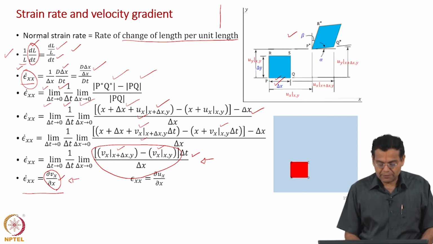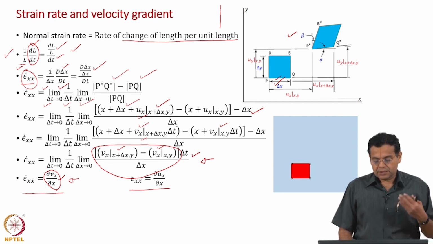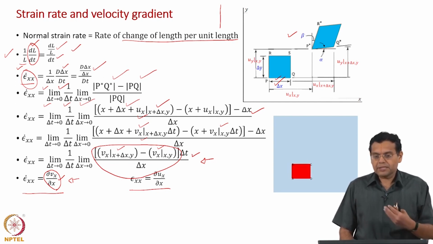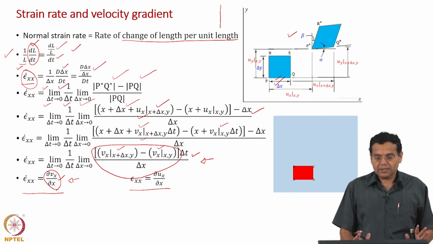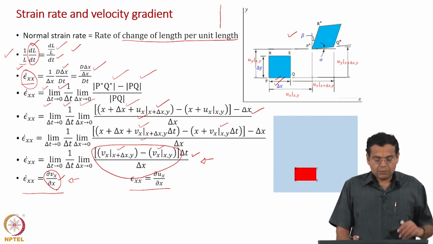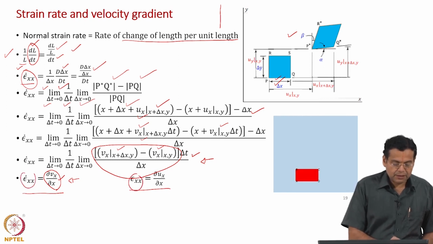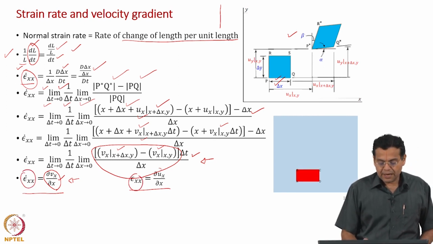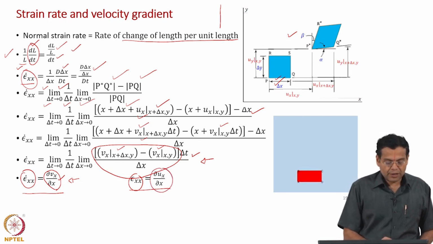If you compare with the corresponding relationship for solids, which is normal strain equal to the displacement gradient, then, vaguely speaking, it is just a time derivative on both sides. That is a little crude way of saying it, since the time derivative is of course the substantial time derivative, but for quick understanding, if you compare, on the left hand side you have epsilon dot xx and on the right hand side, where we had displacement gradient, now we have velocity gradient.